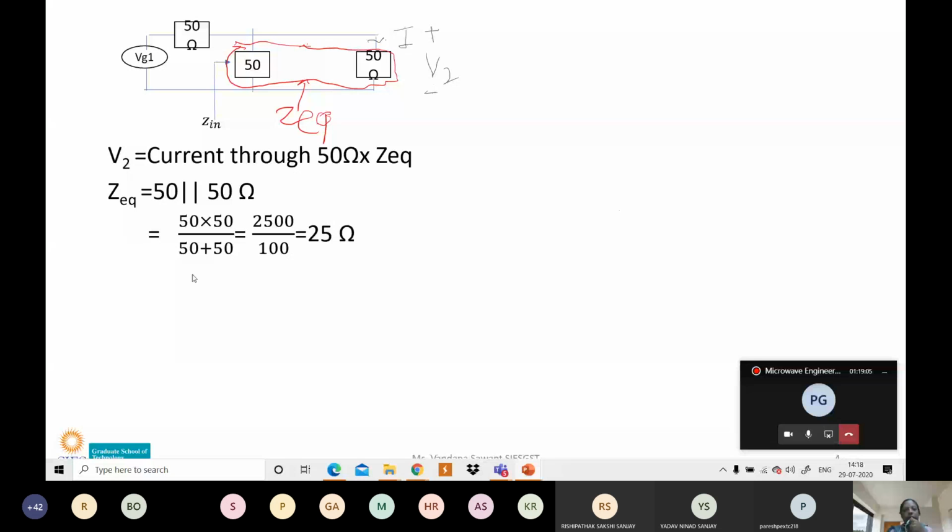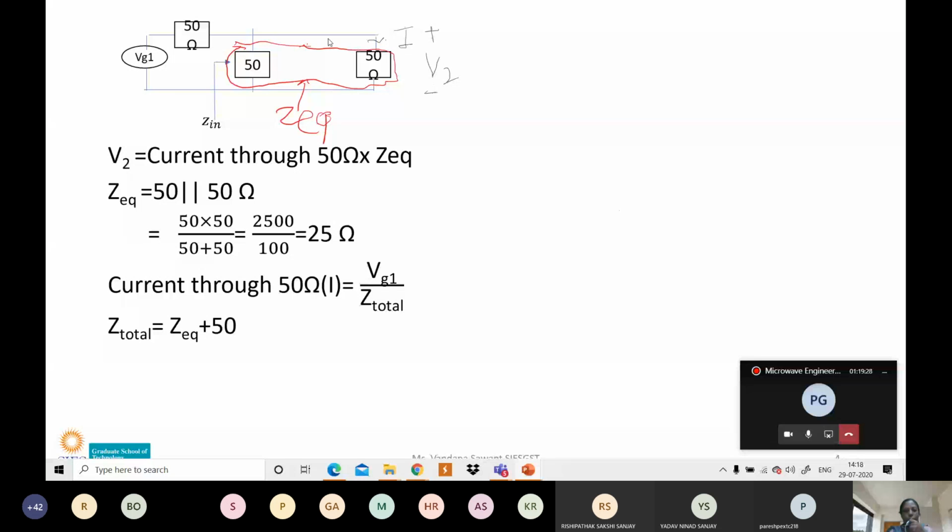Then the current through this 50 ohm is the input voltage VG1 divided by the total impedance of the circuit. This total impedance can be calculated as Z equivalent plus this 50 ohm.